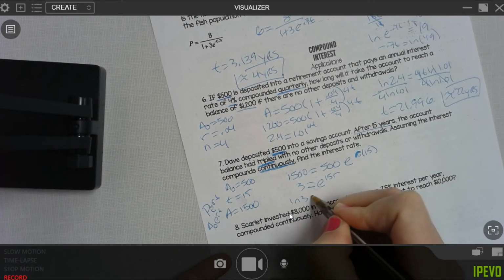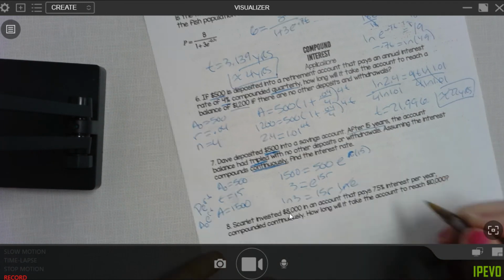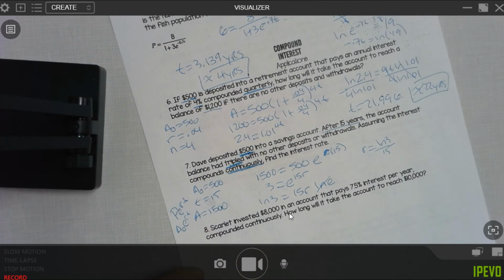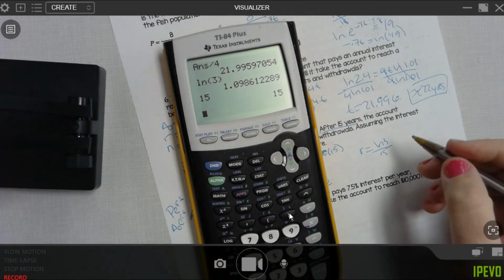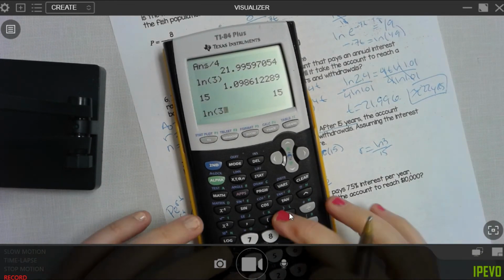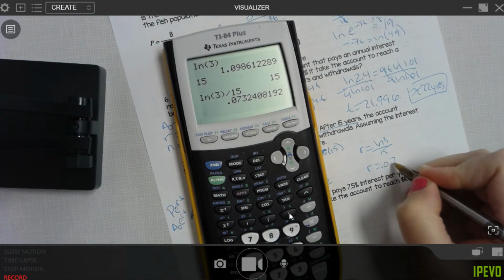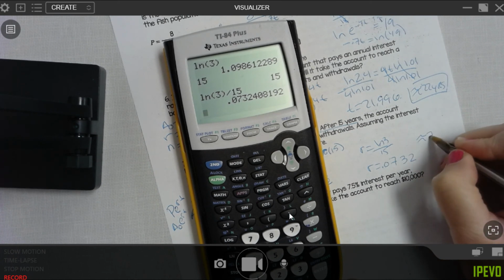Natural log both sides. That cancels, so I'm going to get R equals natural log of 3 over 15. So natural log of 3 divided by my 15. So my rate is 0.0732. So it's about 7.32%.